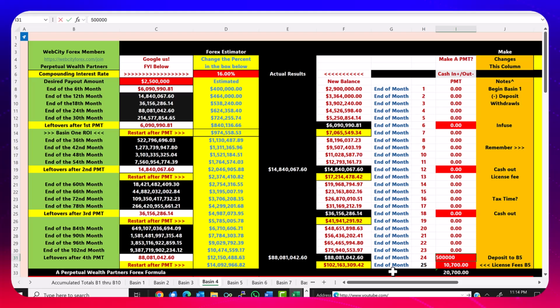That's a lot more workable at 500,000. Let's see, hit enter. These numbers are still large. On the 78th month, you got like billions upon billions.